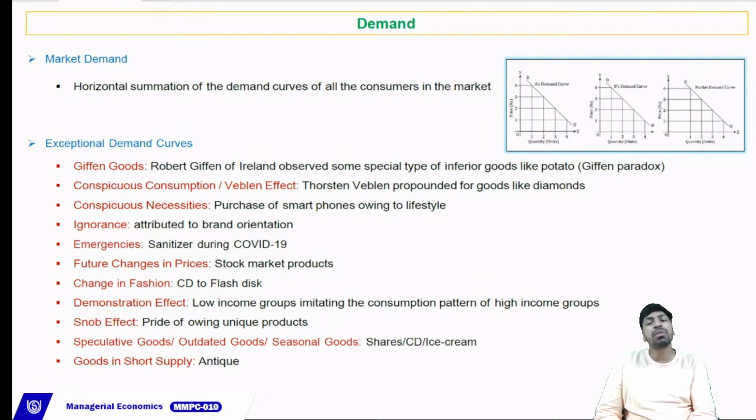If we talk about paintings, home decorating paintings, such goods are also in short supply. If you go to Flipkart, Snapdeal, or Amazon and look for antique products, the goods are not available because they have demand. The demand is no more actually in the present time. Such types of goods are called short supply.